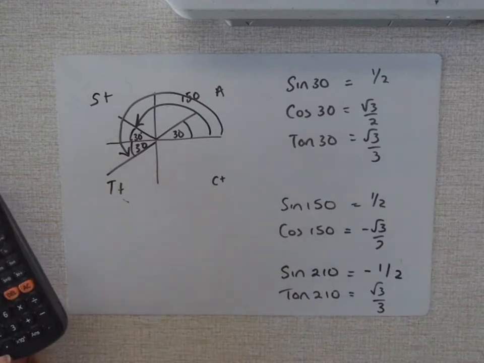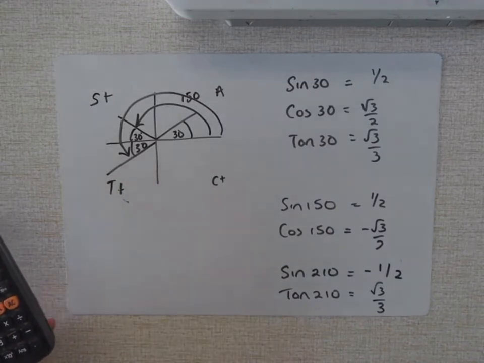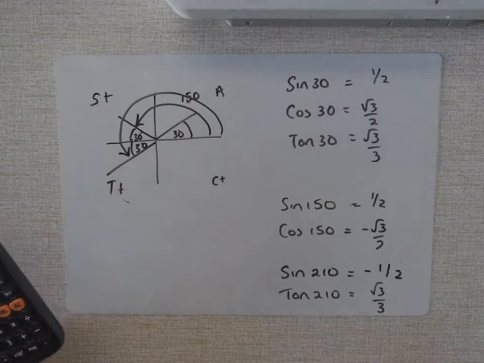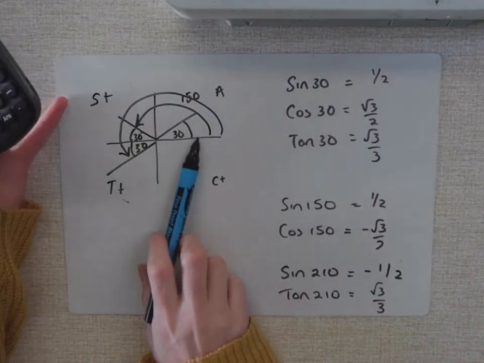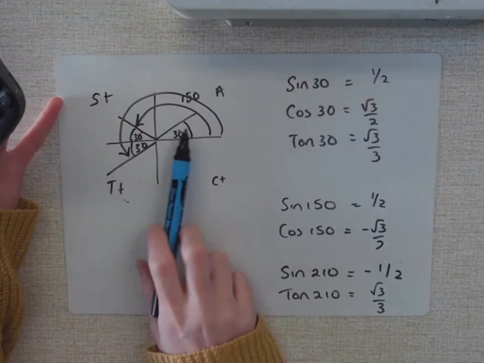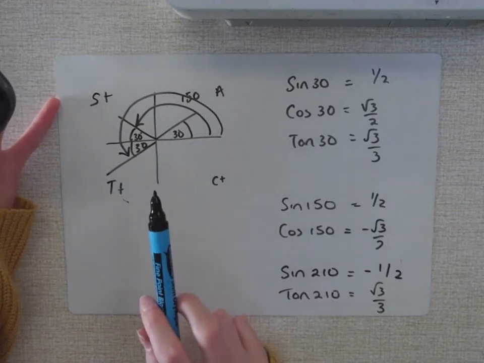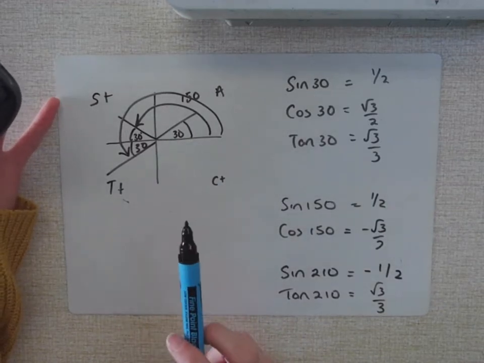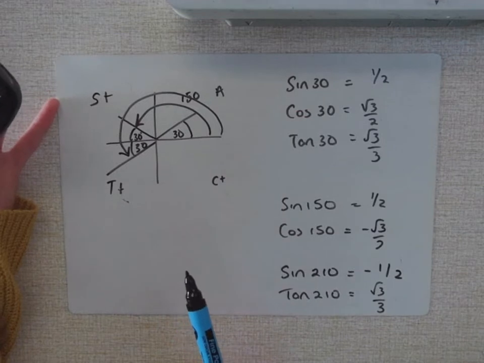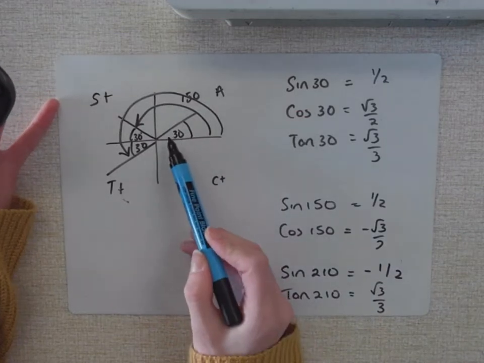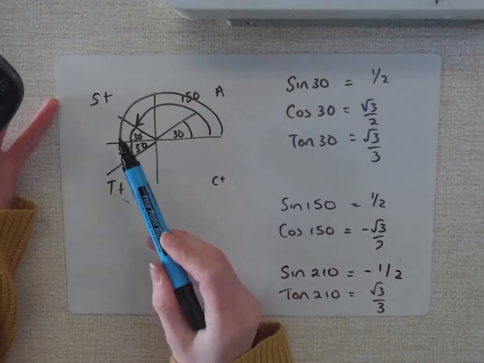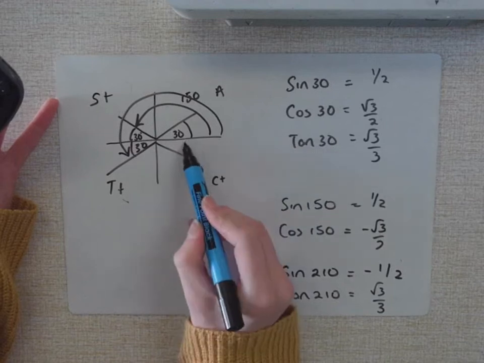Is that okay? Because the angle 30 is the same wherever it is on the unit circle, your answer stays the same, it's only the sign, as in S-I-G-N, plus or minus, that changes. You're always using that reference angle because the reference angle doesn't change depending on the quadrant.